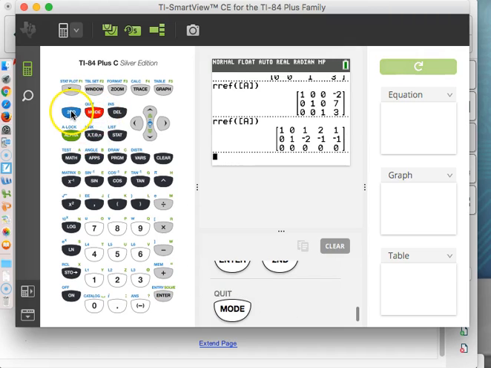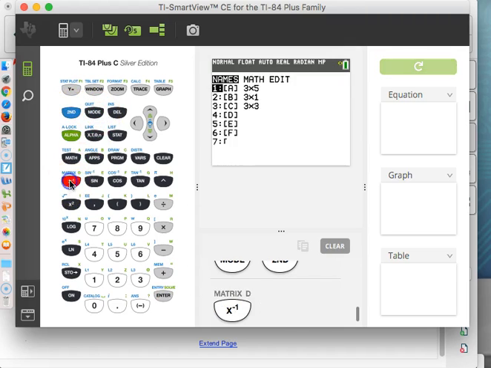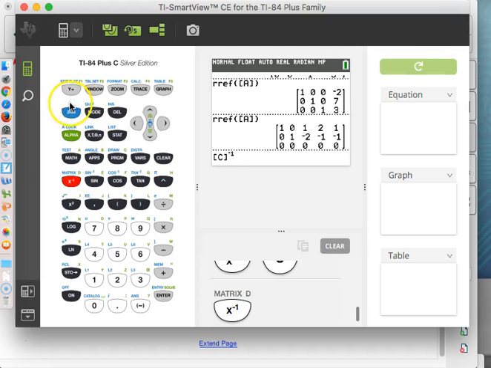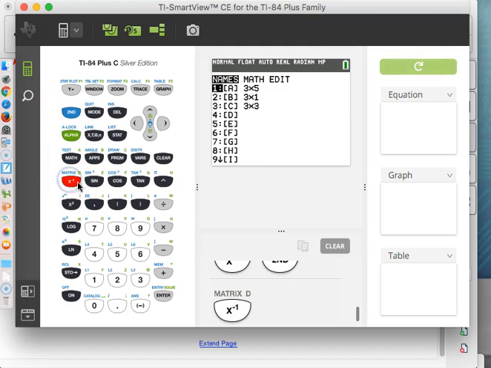Once you have them in, you go back to your main screen, call up their names, hit the inverse button, and then call up the other name.